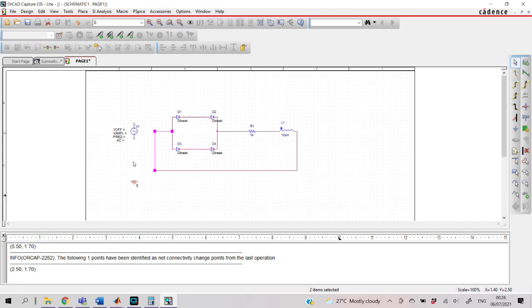And now we are going to connect our AC supply. So pressing W, we will connect the supply here and on to the other side, which is here. So let's try this one. Let's delete this node.